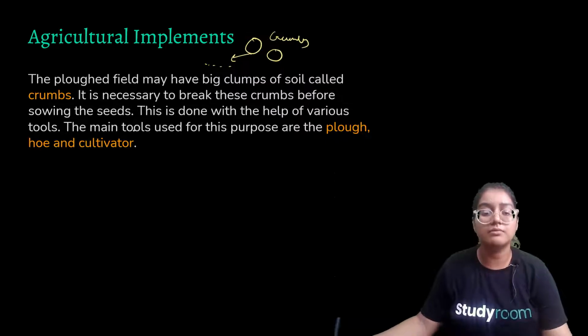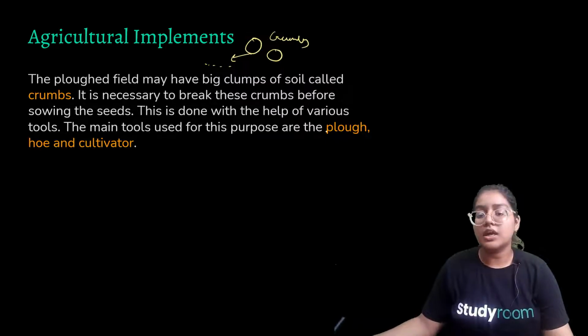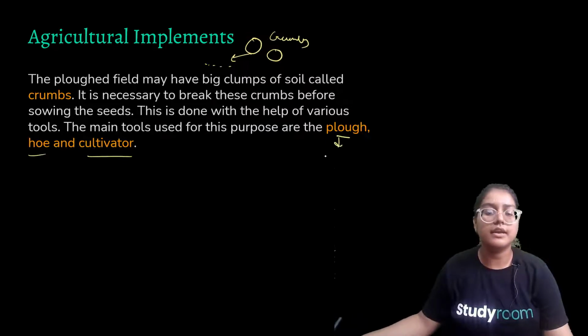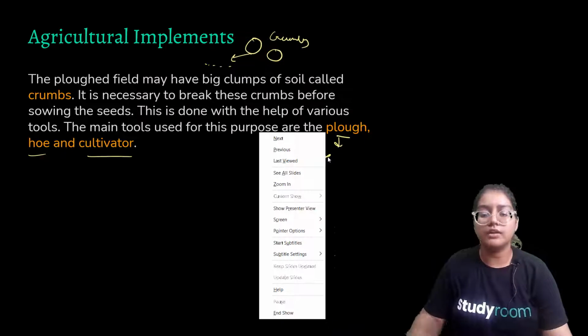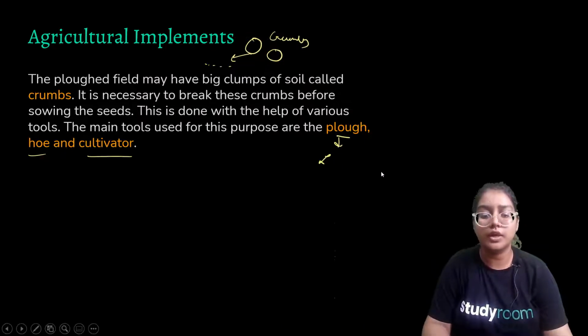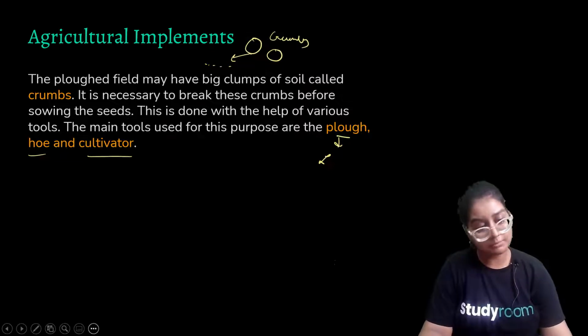This is done with the help of a tool. The main tools are called plug, hoe and cultivator. We already discussed plug. What is it? It ensures leveling of soil. We'll be discussing hoe and cultivator in the upcoming slides.